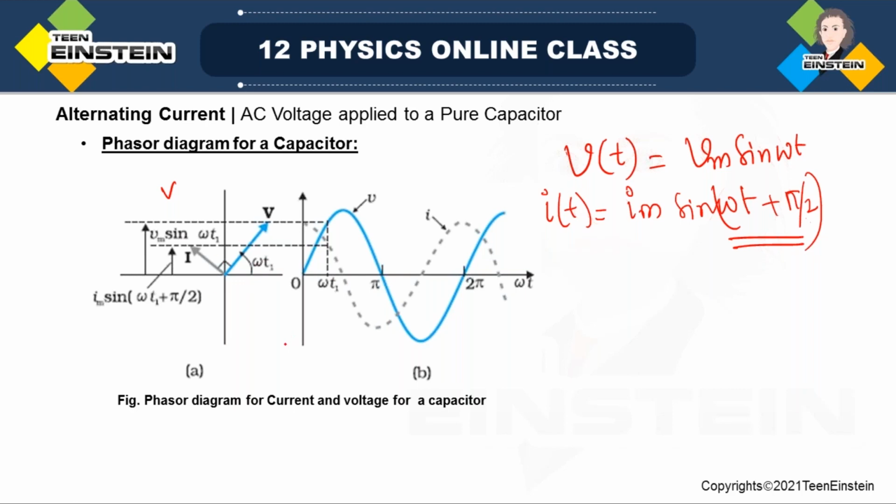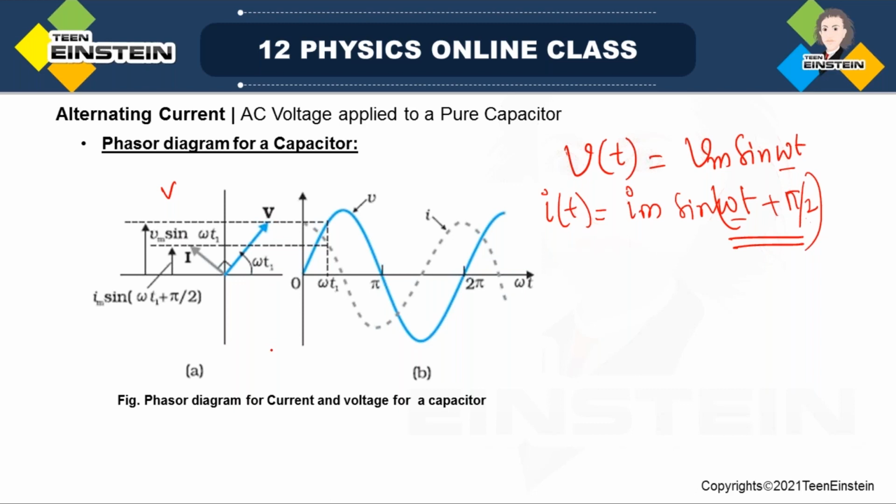So by properly drawing those rotating vectors, we can denote both the instantaneous value and the amplitude of the current and voltage.